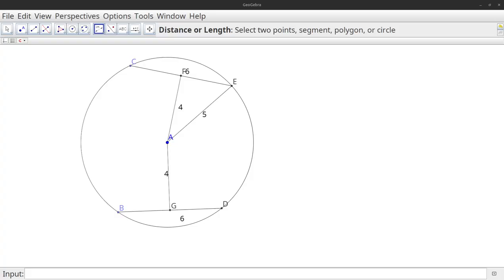So now we have our two properties here. The first one is saying the line from the center of a circle to the midpoint of the chord is perpendicular to the chord.